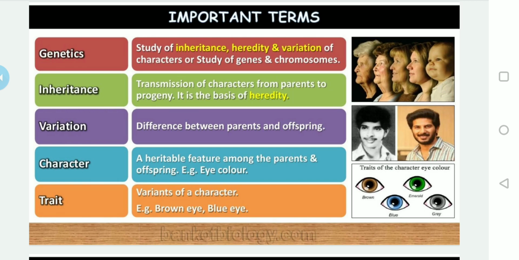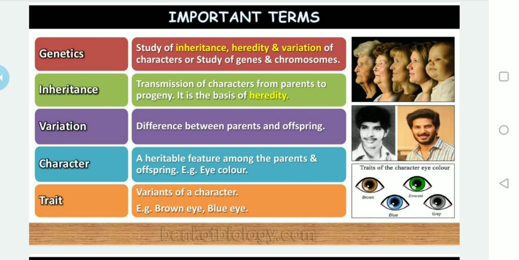So the first one, as I said, is genetics. Then the question arises, what is genetics, or how can you define genetics? Genetics is the branch of science, or we can also say the study of inheritance, heredity, and variation of characters.